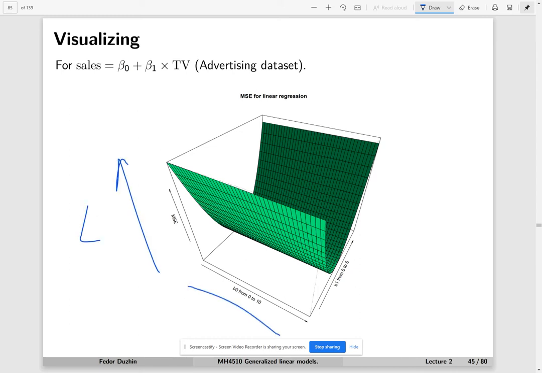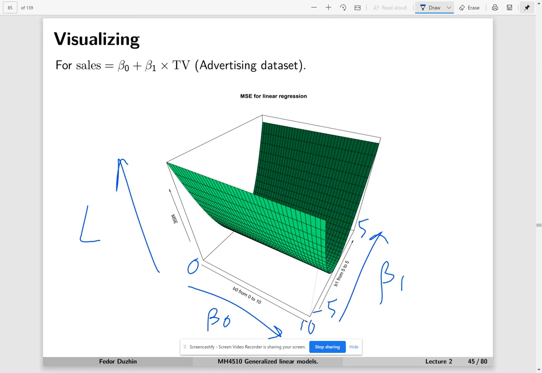The 2 horizontal axes are beta 0 and beta 1. Notice that beta 0 changes from 0 to 10, so it's 0 here and 10 here. And beta 1 changes from negative 5 to 5. Okay, there is a typo here, I'm going to fix it. So it changes from negative 5 to 5.